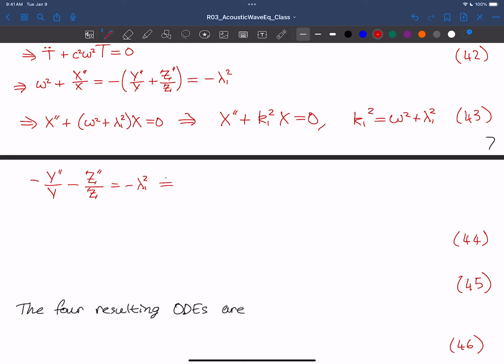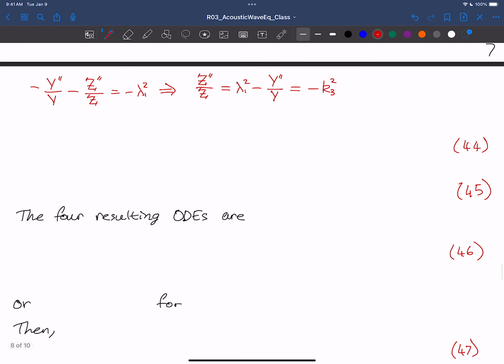So we bring the Z over, and we get Z double prime over big Z is now equal to lambda 1 squared minus Y double prime over big Y. Now we have on the left a function of z only, and on the right a function of y only. And so we can call this equal to minus k3 squared.